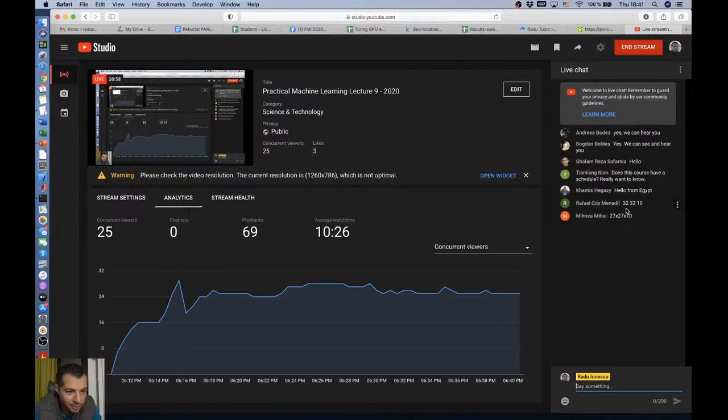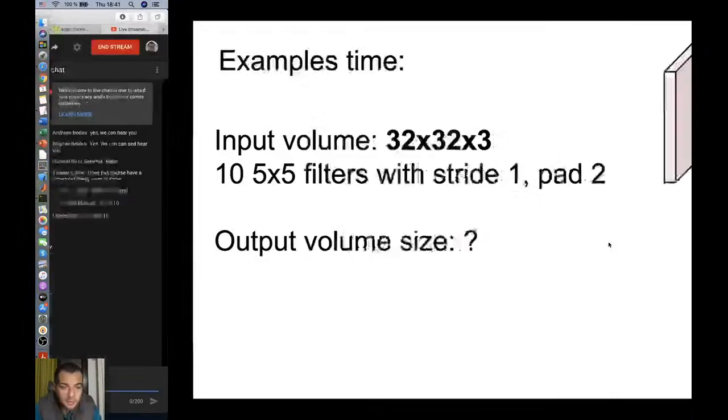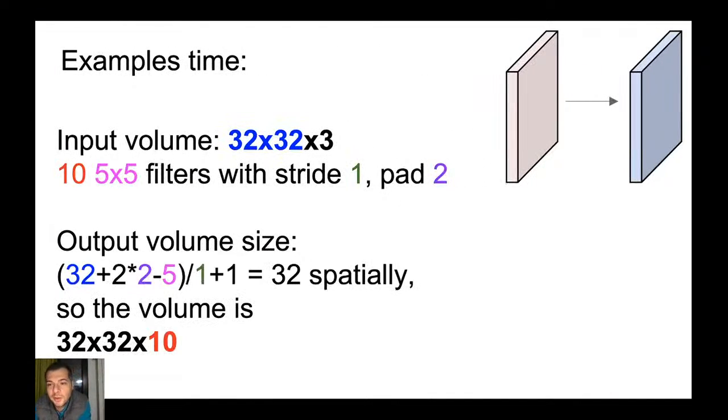We have a good result from Rafael. Thank you for the answer. So indeed, the output volume is 32 by 32 by 10. And how is this computed? It is based on the formula that I showed you before.